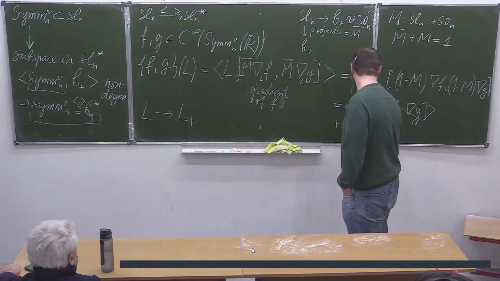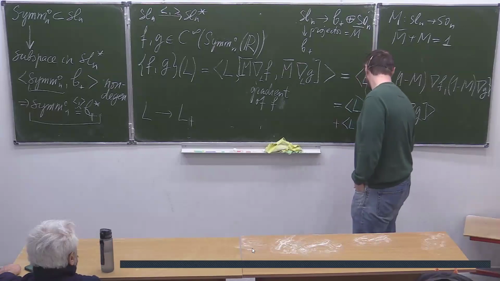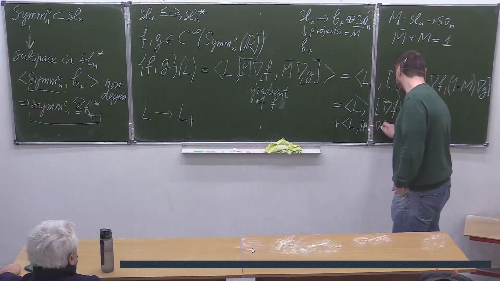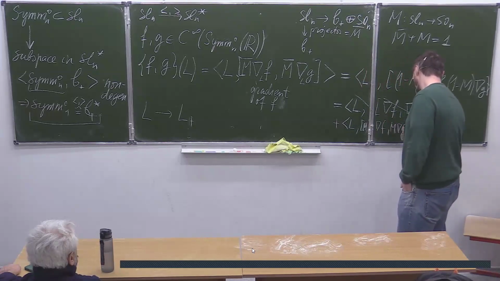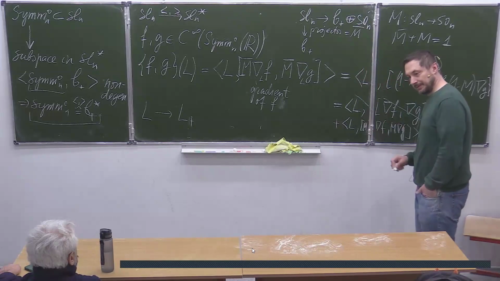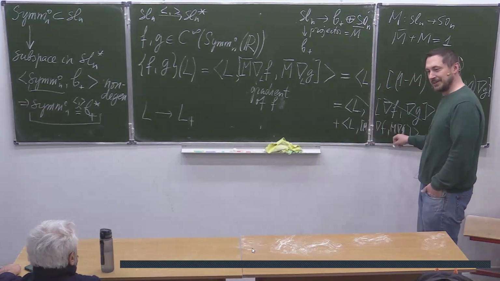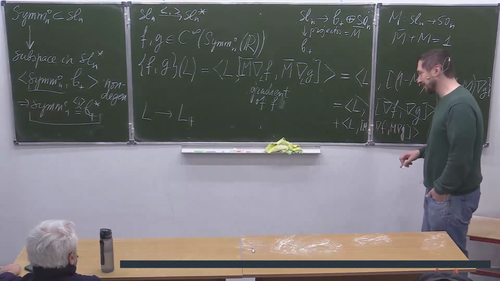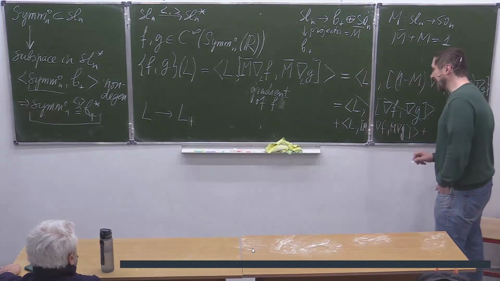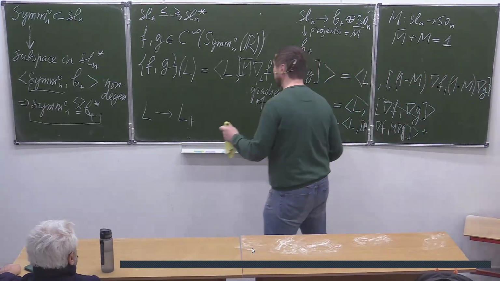Then we have L pairing with M of nabla F, M nabla G. It also vanishes for the same reason, because these are skew-symmetric, their commutator is still skew-symmetric, so it vanishes as well.